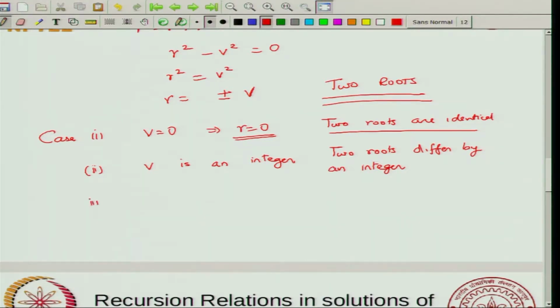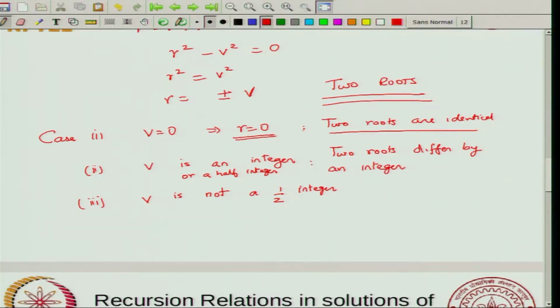Third case, v is not a half integer. I should mention that if v is an integer or a half integer, then in either case the difference between the two roots is an integer.